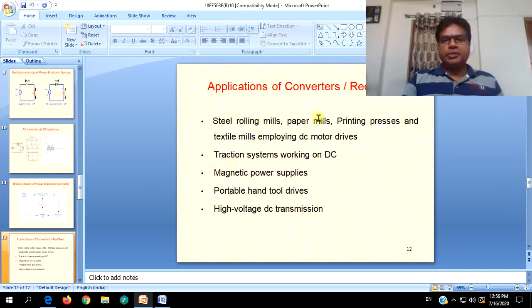Examples are steel rolling mills, paper mills, printing presses and textile mills employing DC motor drives, traction systems working on DC motors, magnetic power supplies, and portable hand tool drives normally used for domestic and commercial applications. Obviously, they operate on DC motors. Rectifiers are also used for HVDC transmission.